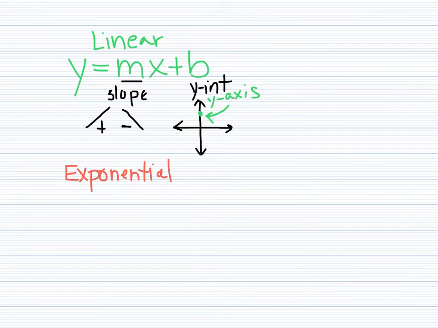Sorry about that, interrupted. y equals a times b to the x. I know we talked in class about how that a is the y-intercept, how b determines if it's growth or decay.